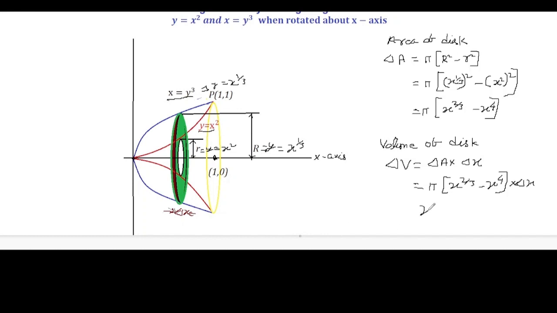So here x is varying from 0 to 1. So to find the volume of the entire solid, you have to integrate the volume of the disk from 0 to 1.